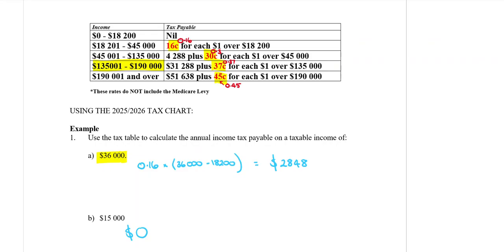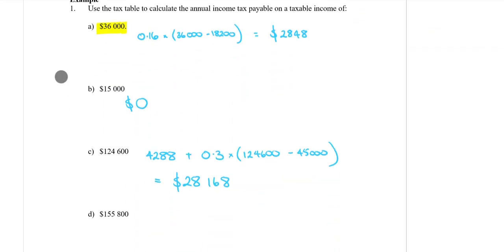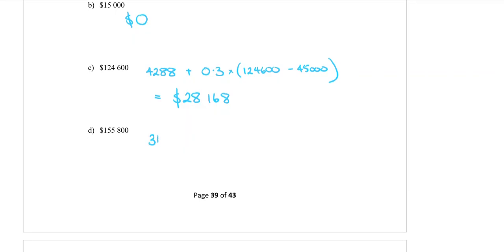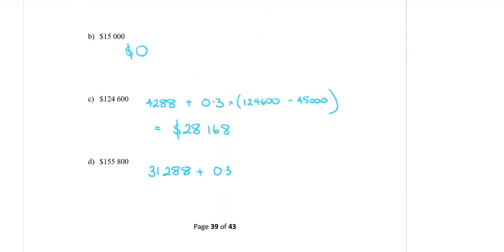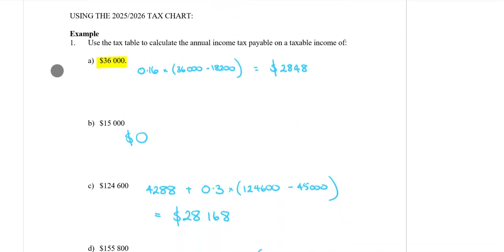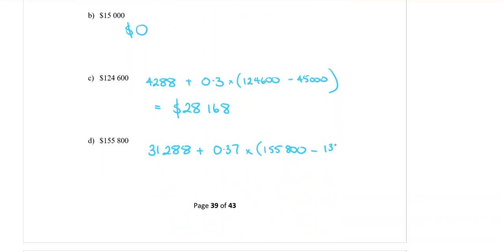So this person is going to pay 31,288 plus 37 cents, which we know is our $0.37, times by their income minus the number on the end, which is 135,000. So that is $38,984 in tax.